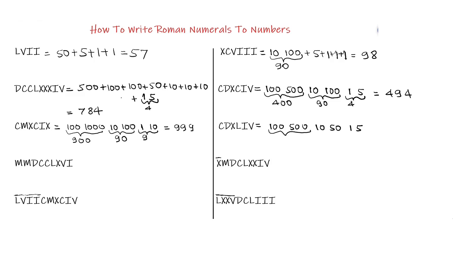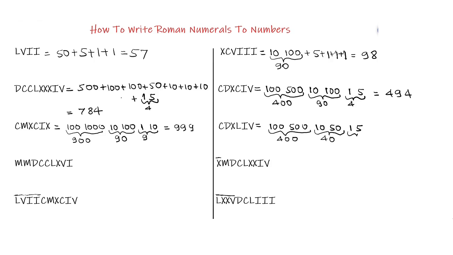So this gives us 500 minus 100 equal to 400. Then X is 10 and L is 50. Again the lower value symbol is on the left of the higher value symbol. So the value of the lower value symbol is to be subtracted from the value of the higher value symbol. So 10 is to be subtracted from 50, which is 40.